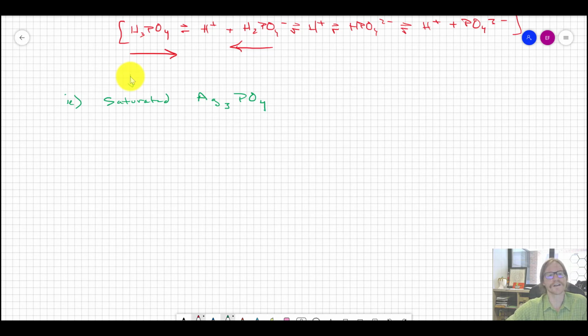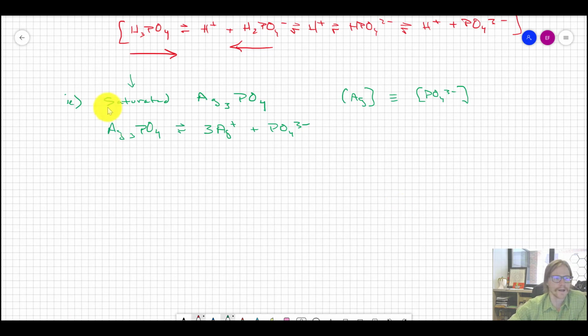In other words, how can we relate the concentration of silver ions to the concentration of phosphate ions, simply knowing that when you have a saturated solution of a solid, what that really means is that solid is going to dissociate via some Ksp equilibrium. So in this case, that presents 3 silver ions plus a phosphate 3 minus ion.